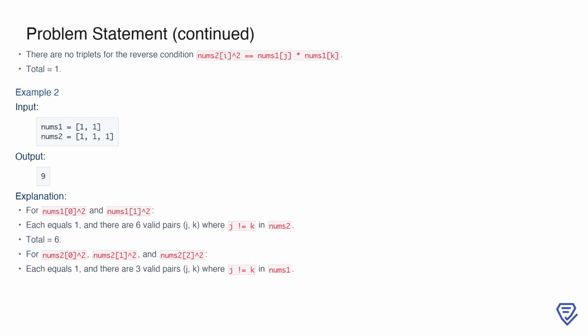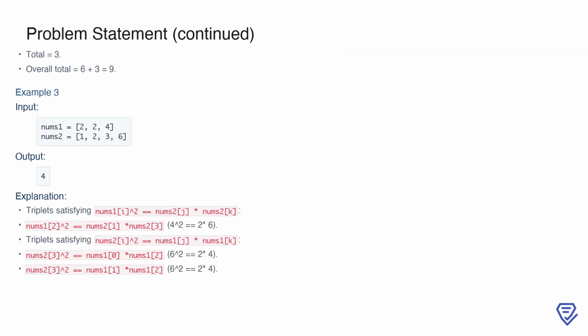This gives us a total of 6 triplets. On the other hand, for each element in nums2, the square is also 1, and there is 1 valid pair, j, k, in nums1 that satisfies the condition. This adds 3 more triplets. To summarize the calculations for this example, the 6 triplets from the first condition and the 3 triplets from the reverse condition give us a total of 9.